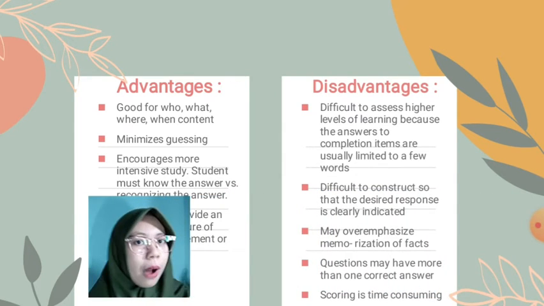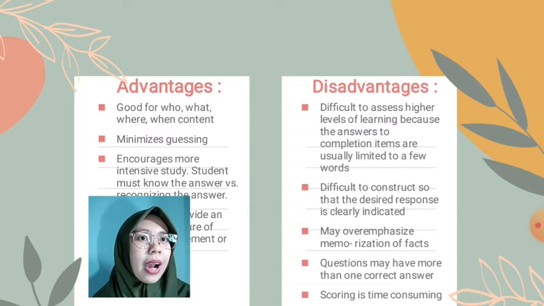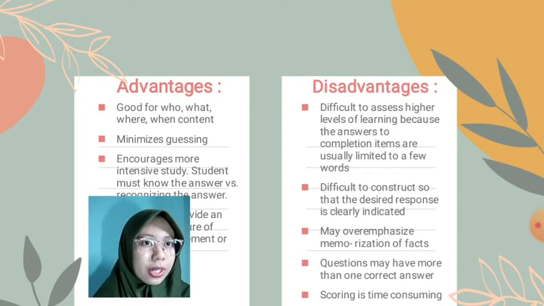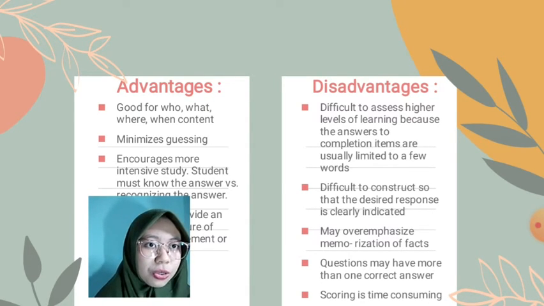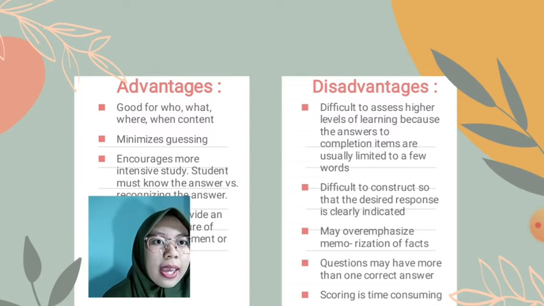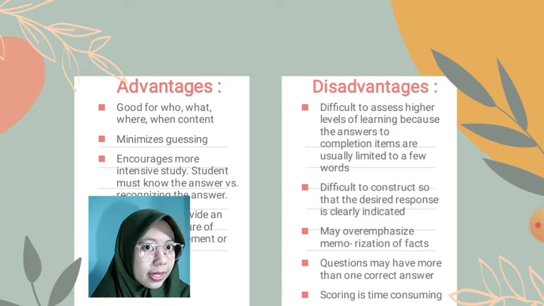So now we are going to the disadvantages. The first one is difficult to assess higher levels of learning because the answers to completion items are usually limited to a few words. The second is difficult to construct so that the desired response is clearly indicated.